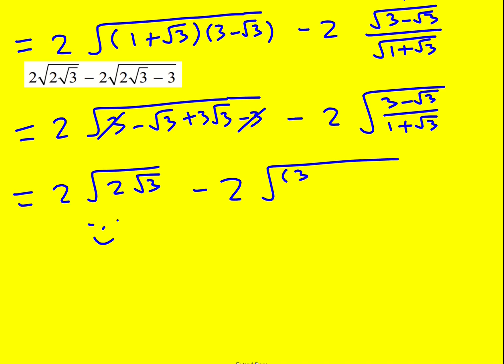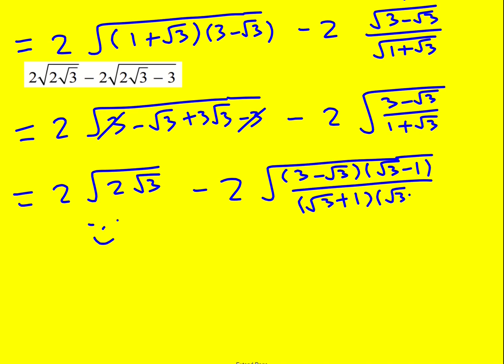And then it's going to be 3 minus root 3, and I'm going to times by root 3 minus 1 all over root 3 plus 1 times root 3 minus 1. Of course, I could have times by 1 minus root 3, but that would have been a negative, so this was just a bit easy to deal with.